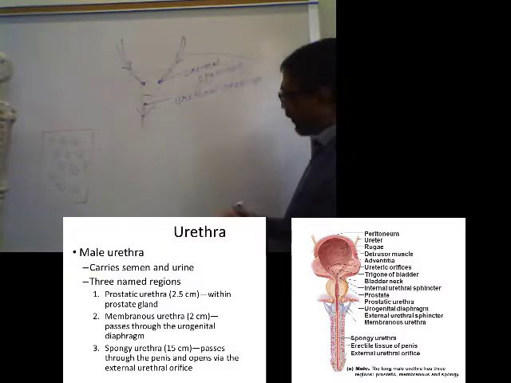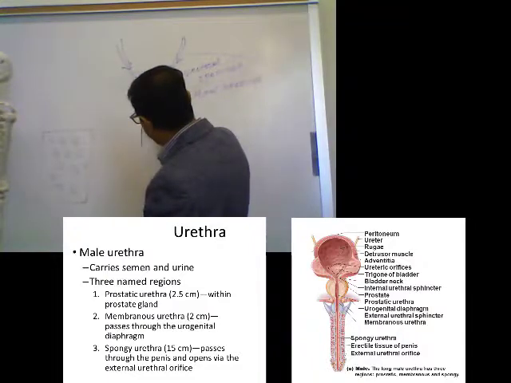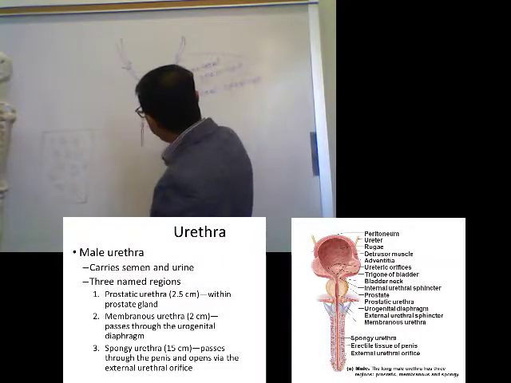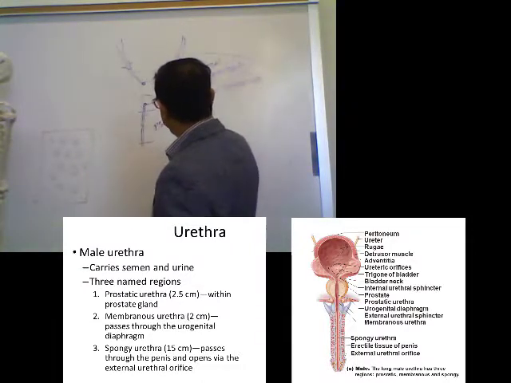Now let's see here. That makes sense because you see here, this is the male urethra, long. Okay. Most part of it is pseudostratified. Pseudostratified columnar.